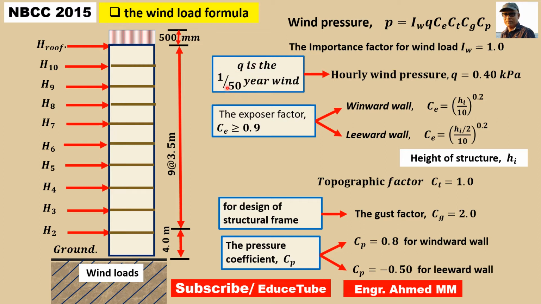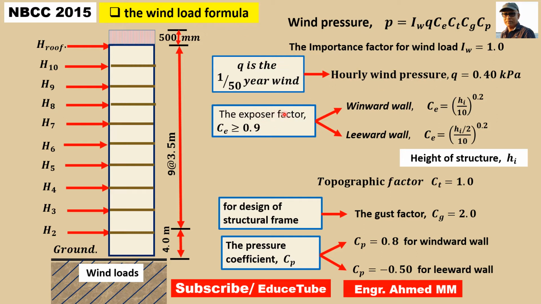So for the location of our building, the hourly wind pressure is taken as 0.4 kPa. We will use this value in the next slide for calculating the wind loads.